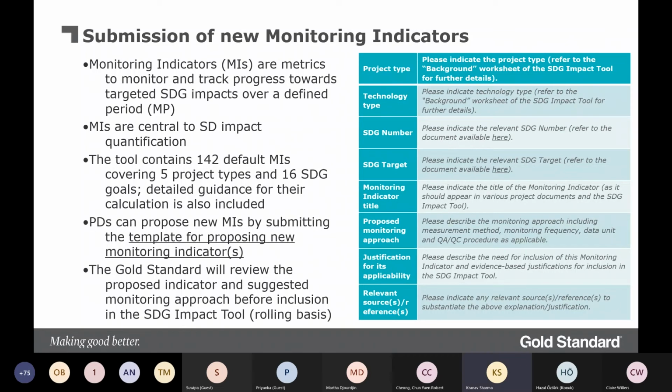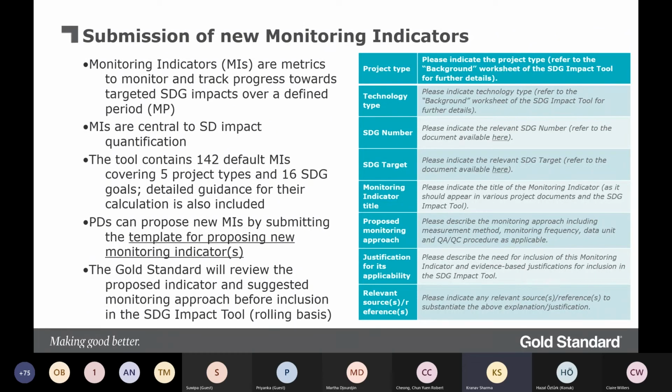to assess the suitability of including that new monitoring indicator. We will obviously be reviewing all this information, and the proposed monitoring indicator, if everything goes well, will be included into the tool on a rolling basis. Right now we are intending to include these monitoring indicators on a quarterly basis, so every 3 months, in a batch.